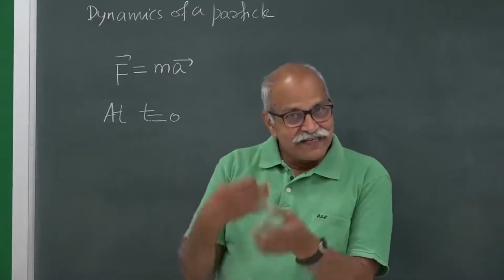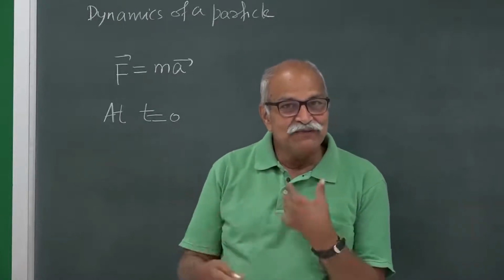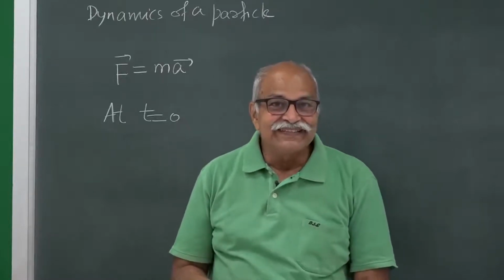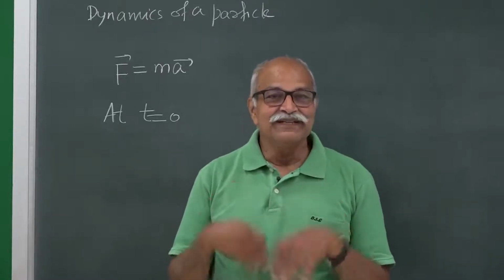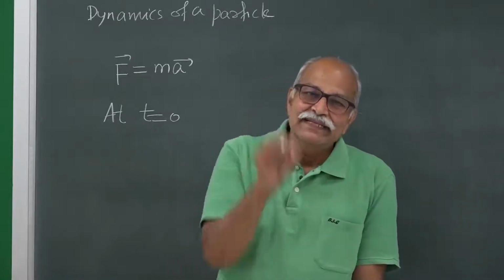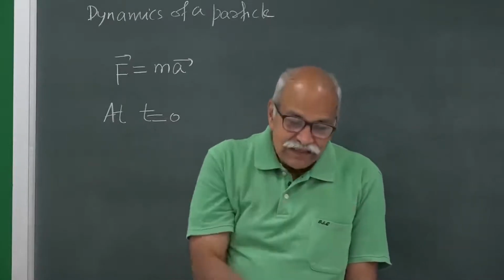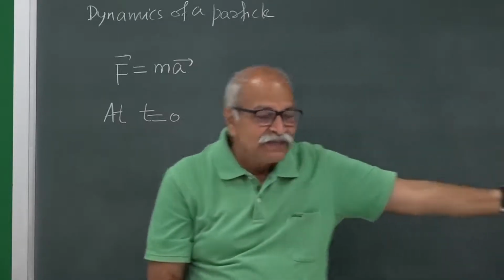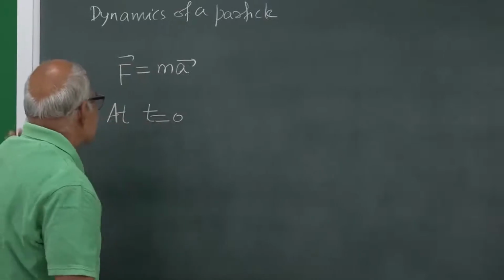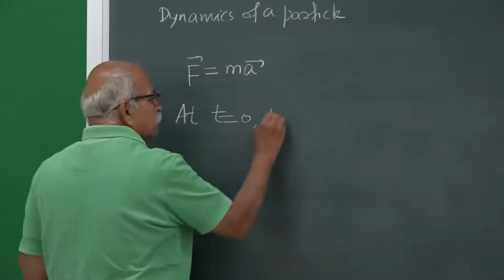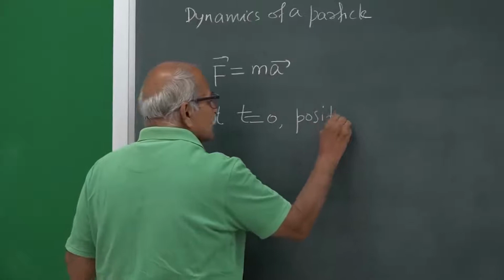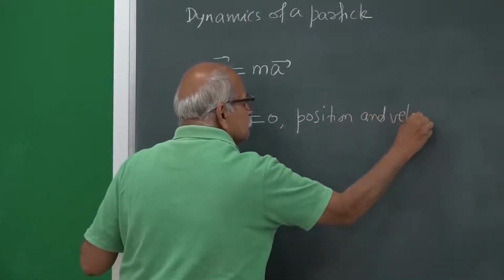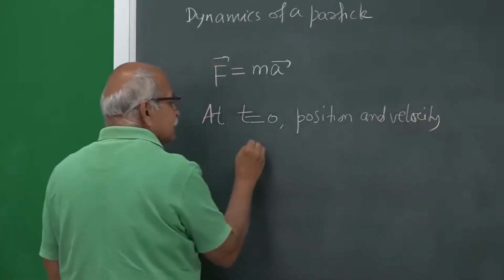So, if you solve a question and get t as negative, it only tells that you have taken a particular instant as t equal to 0 and this result pertains to time before that. Nevertheless, at some instant which we call t equal to 0, the position and velocity of the particle is known.